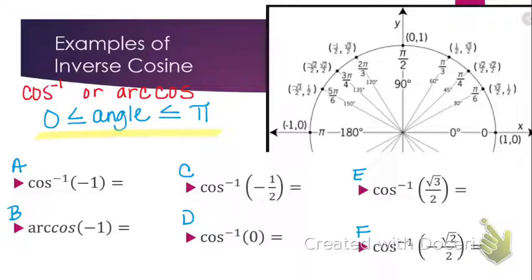So for part A, it's asking you what angle has a cosine, and now we're looking at the x value. What angle between 0 and pi has a cosine of negative 1? So what would your answer be to question A? What angle has a cosine of negative 1?